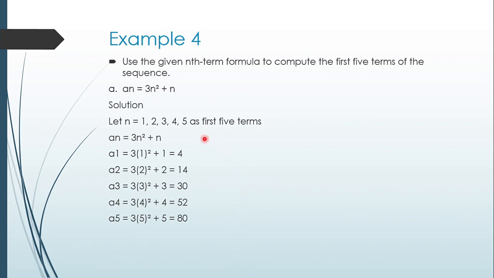So, letter B, ang formula is An is equal to n plus 1 over n. Solution. Let n is equal to 1, 2, 3, 4, 5 as first 5 terms again. So, substitute all these first 5 terms.